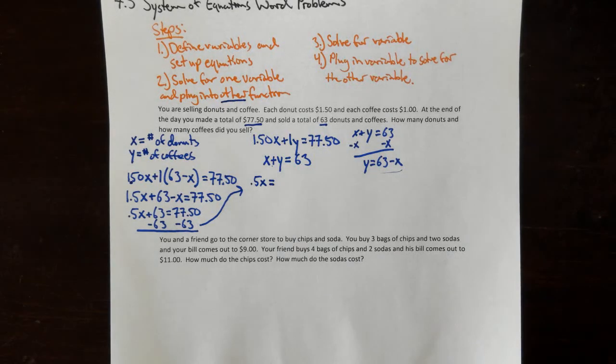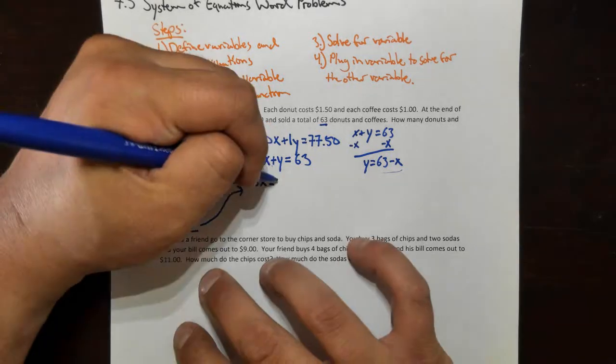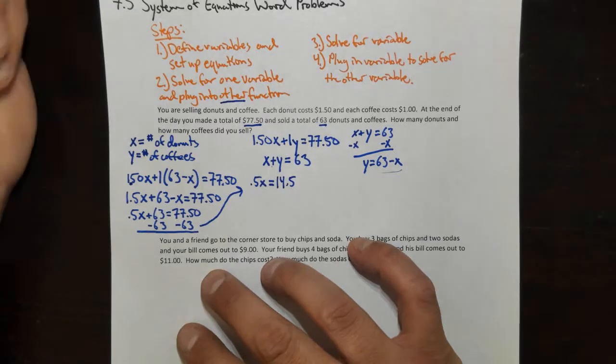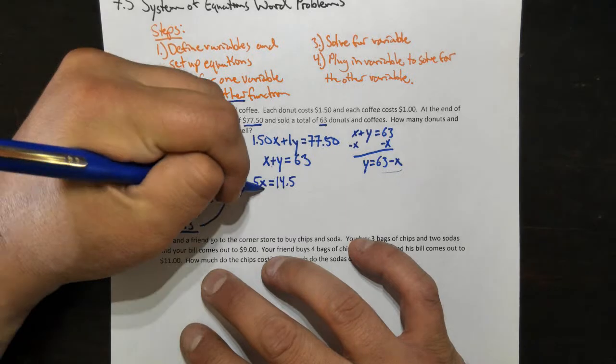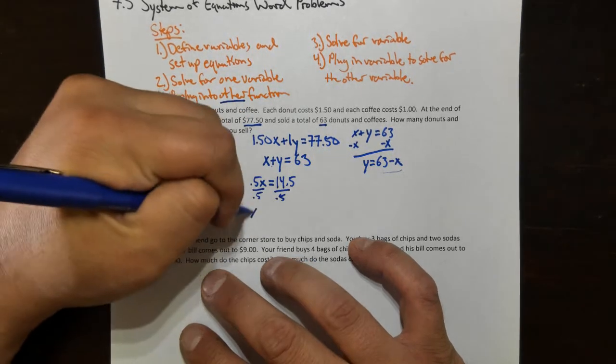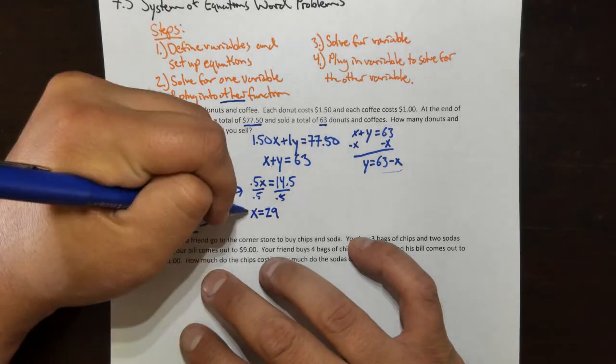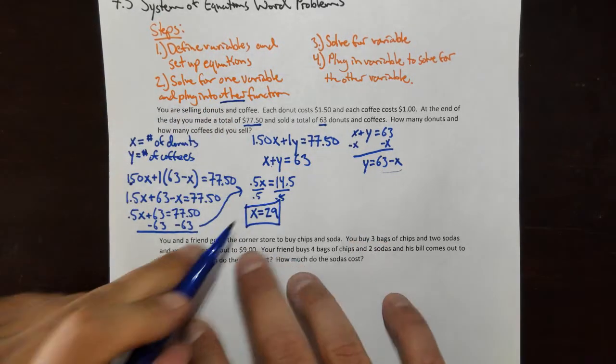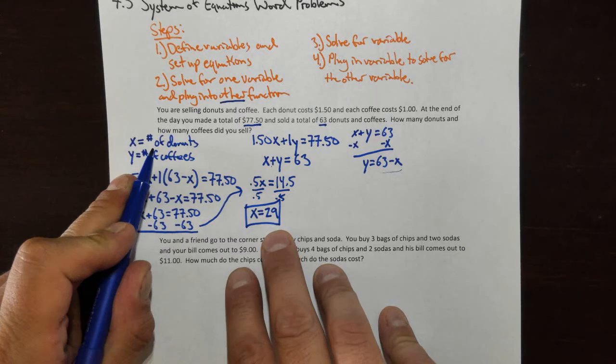Let me just double check. I don't want to mess this up here. Yep, equals 14.5. And then divide both sides by 0.5. So x is equal to 29. So that means that 29 donuts were sold.